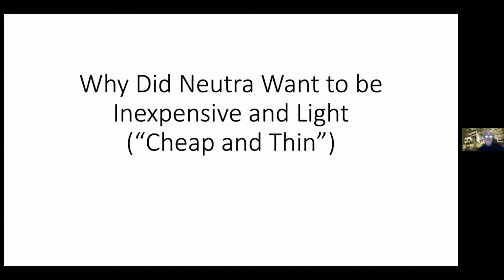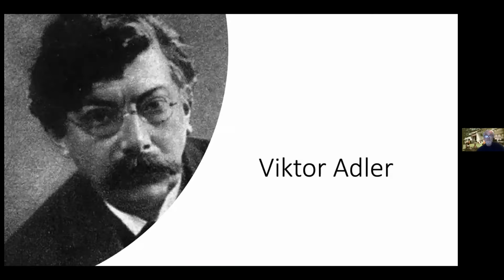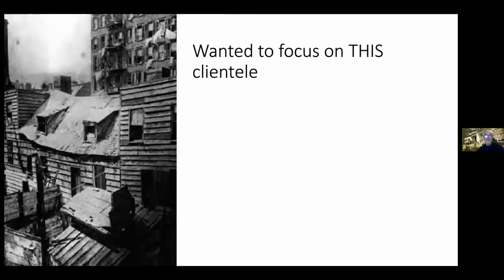So why did my father want to be inexpensive in light, that is, cheap and thin? He was deeply influenced by Dr. Victor Adler, the head of the Viennese Communist and Socialist Party. And he wanted to focus on this neglected clientele, which were present both in Vienna and all cities of the capitalist world, the slums.